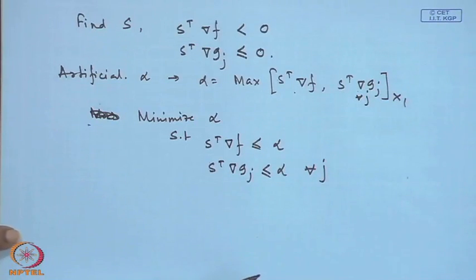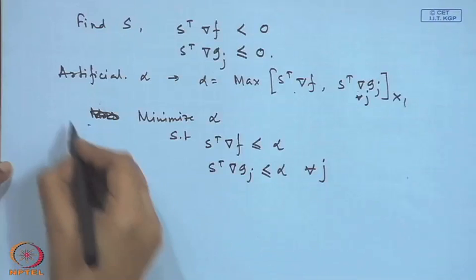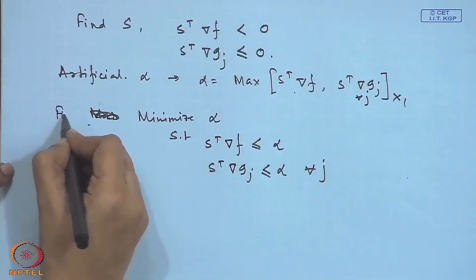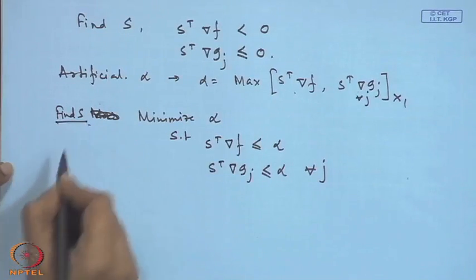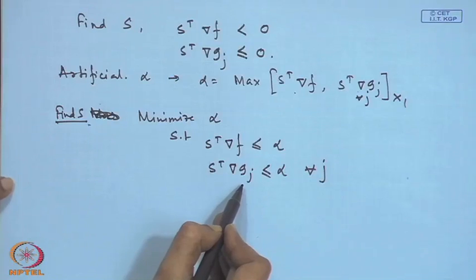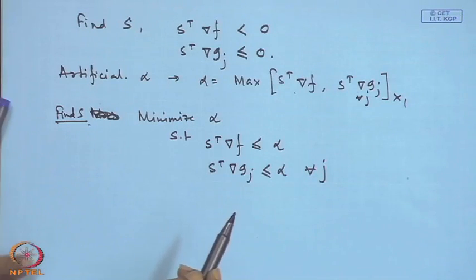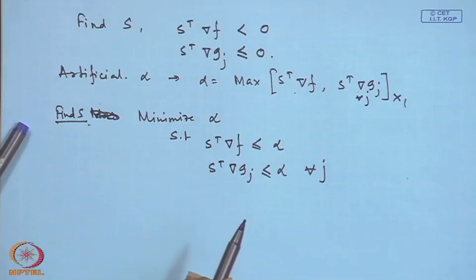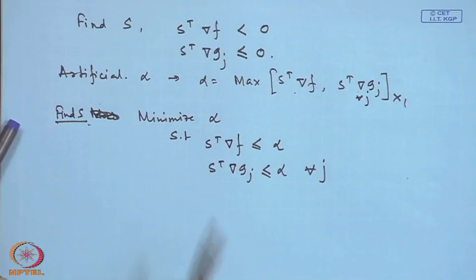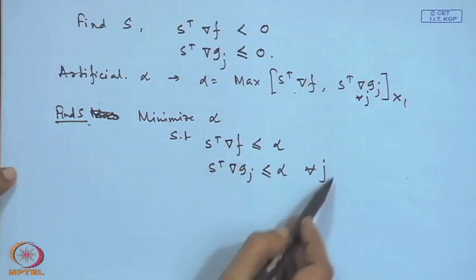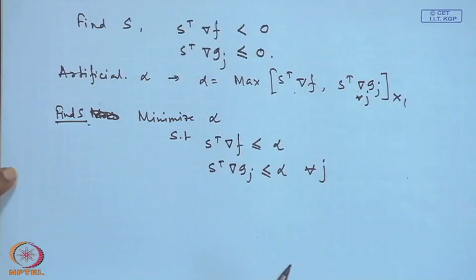Alright. This is the problem. That means find S such that this is being satisfied. That is why finding the feasible direction is not difficult for us, because we will search for the direction which satisfies this optimization problem.